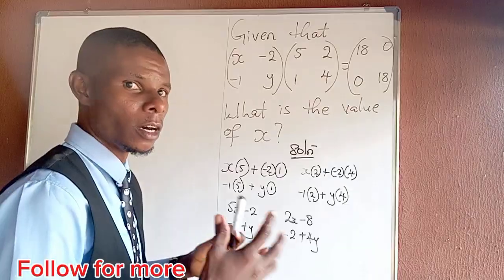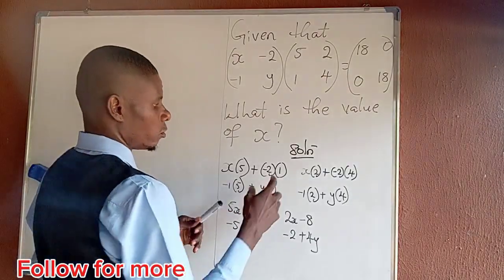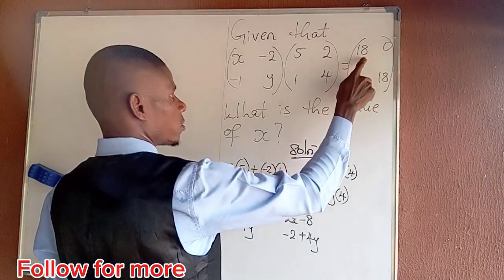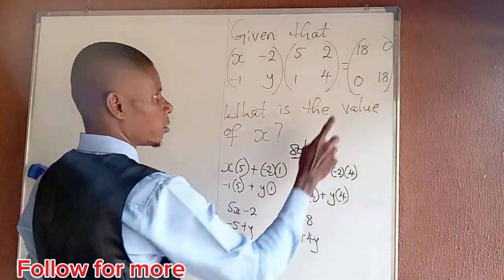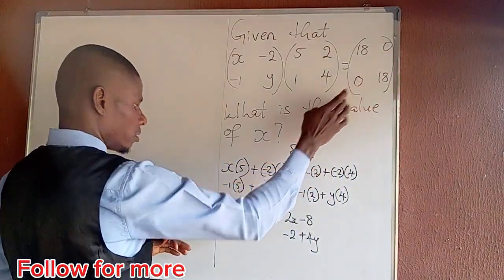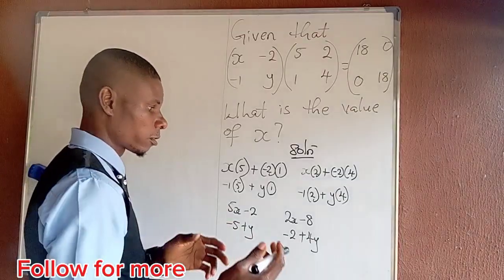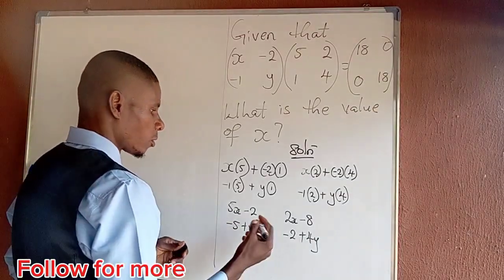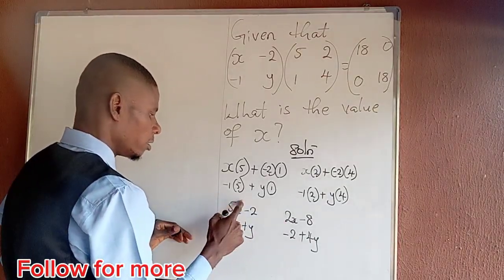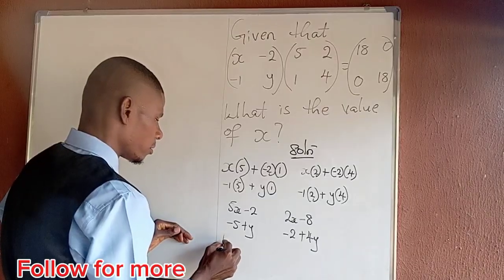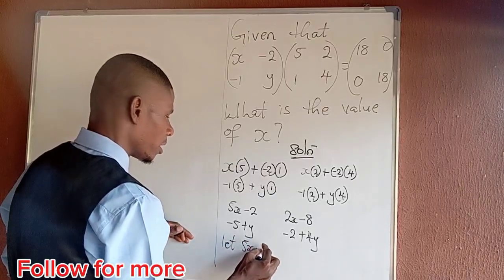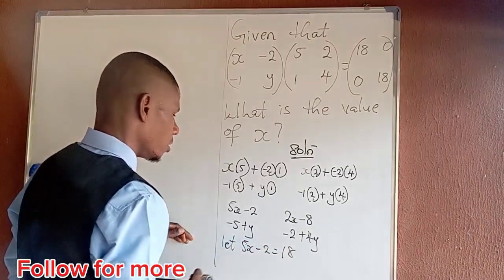So how do we distribute? The first here should be equal to this, while this should be equal to this. This is equal to this, and this is equal to this. In other words, for us to find the value of x, we say let 5x minus 2 equal 18.